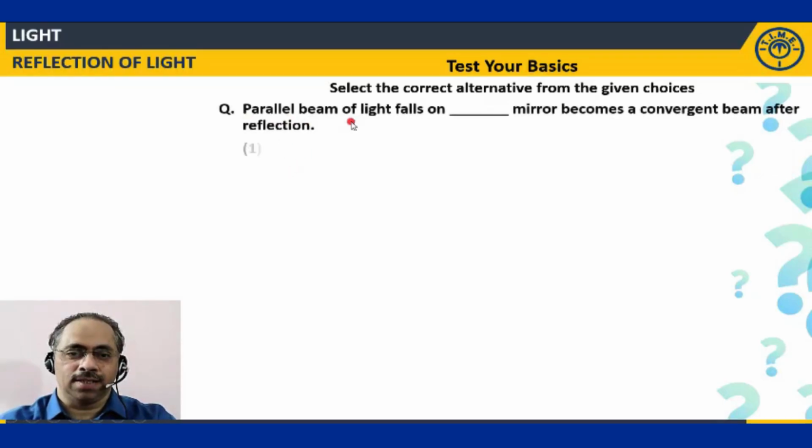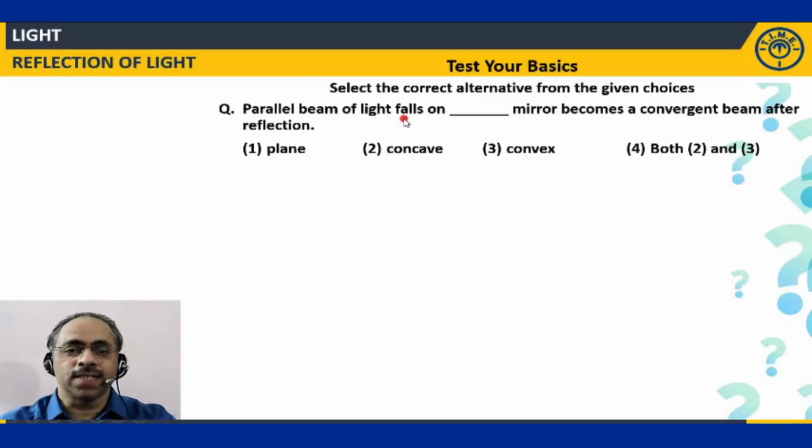A parallel beam of light incident on dash mirror becomes a convergent beam after reflection. So which is the mirror that will converge the light rays after reflection?